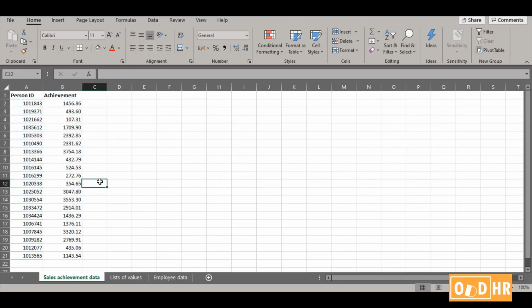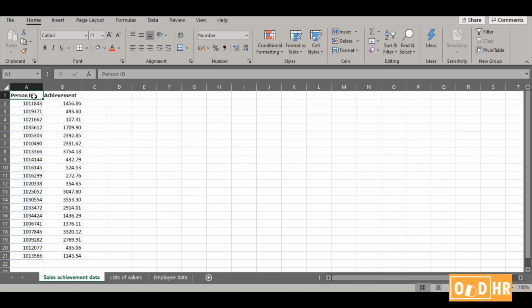So the premise that we are working within is that you're performing some analysis for a sales department of a company, and here you have received the data of what these persons who are identified by their person ID have achieved in this last 1 month.